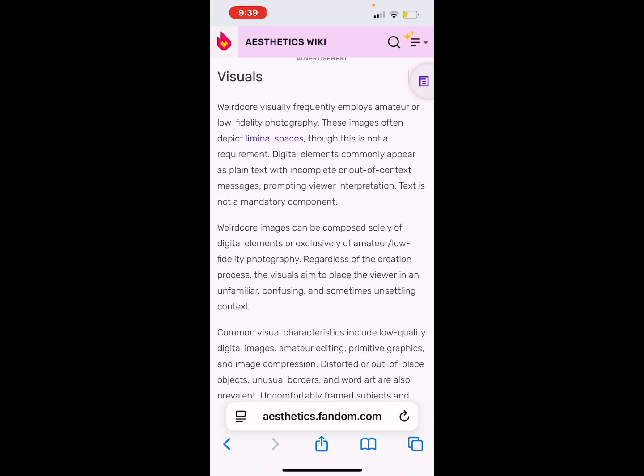Text is not a mandatory component. Weirdcore images can be composed solely of digital elements, or of low fidelity photographs, regardless of the creation process. The visuals aim to place the viewer in an unfamiliar, confusing, and sometimes unsettling context.